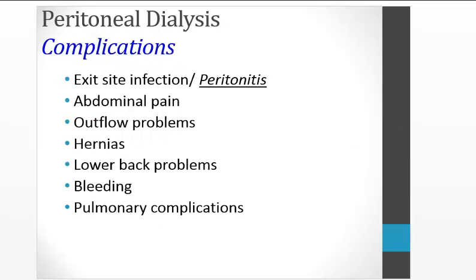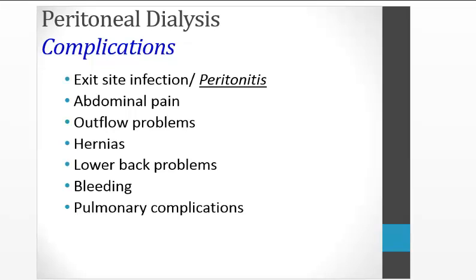Some of the complications of peritoneal dialysis: basically exit site infection. Obviously, if anything enters the body, the patient is at risk for exit site infection. One of the things that can be very, very deadly to our patient is peritonitis, an inflammatory or infectious process that happens in the peritoneal cavity.